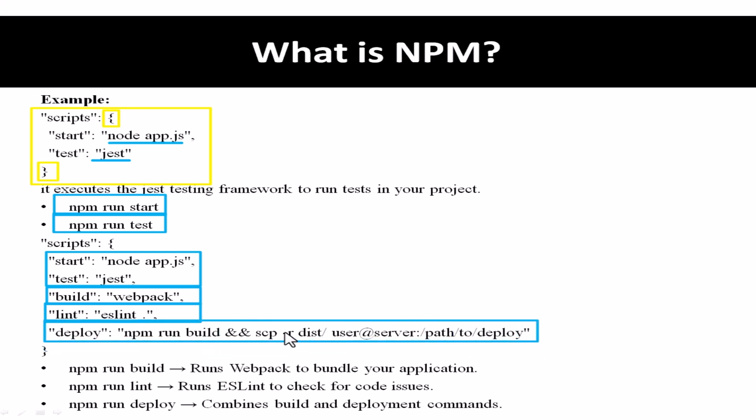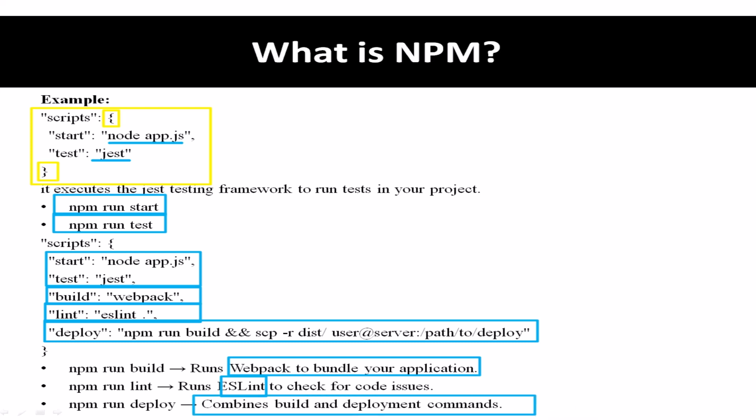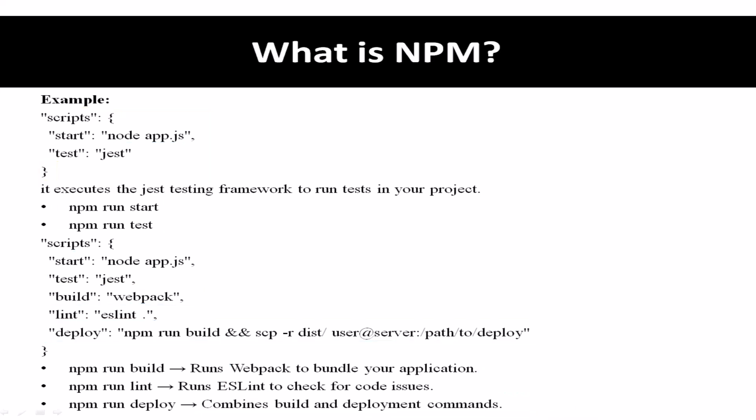Here ESLint is used to check code issues in your application, where run build is going to run webpack on your application. Next, run deploy combines the build and deployment commands.